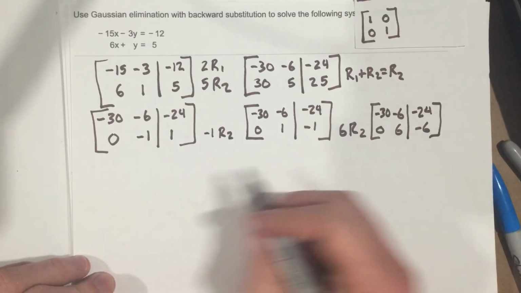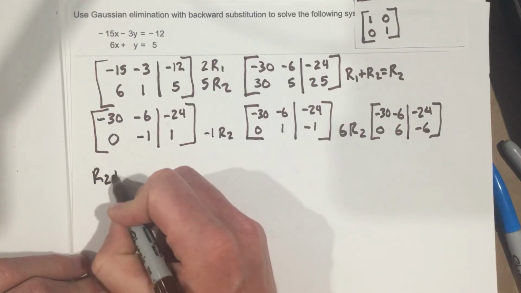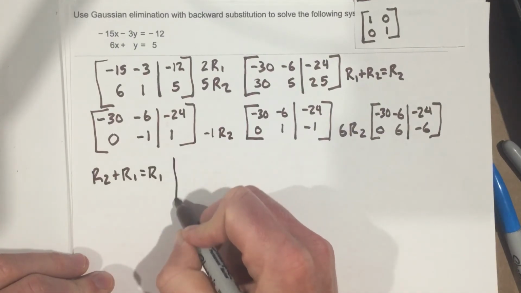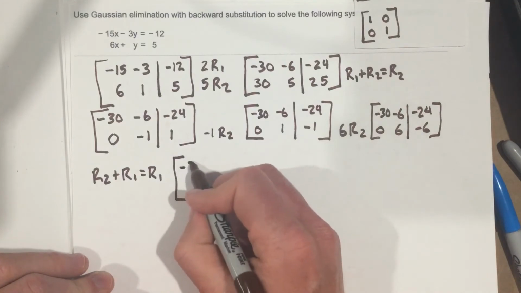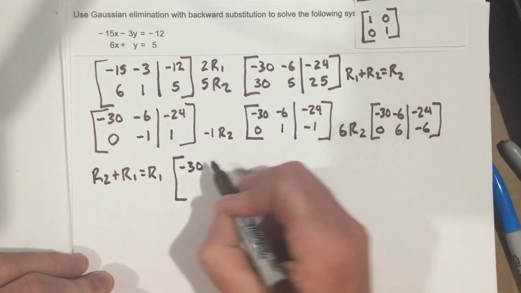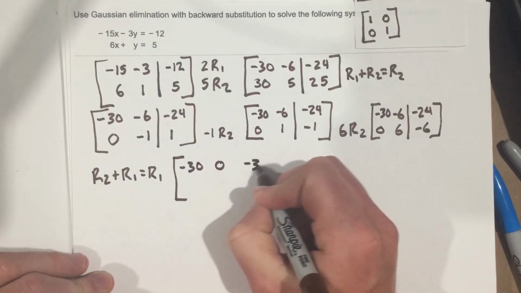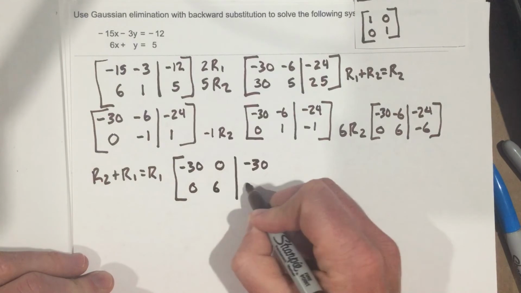Now I'm going to write row 2 plus row 1 equals row 1. So I'm changing row 1. 0 plus negative 30 is still negative 30. 6 and negative 6 is 0 here. Negative 6 and negative 24 is negative 30. And I still have 0, 6, negative 6.